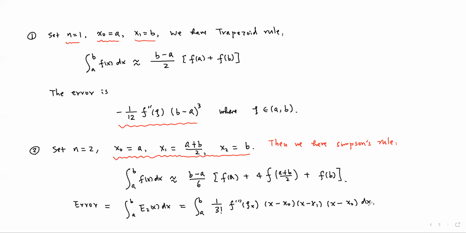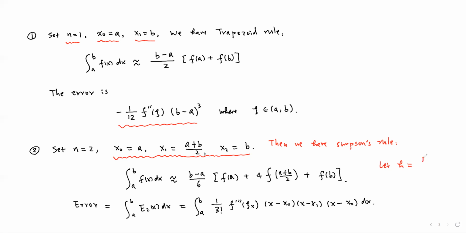Now let me compute this integral. Let me make a change of variable. First, I let h be the distance between adjacent points. The distance from x0 to x1 is h, and x1 to x2 is also h.